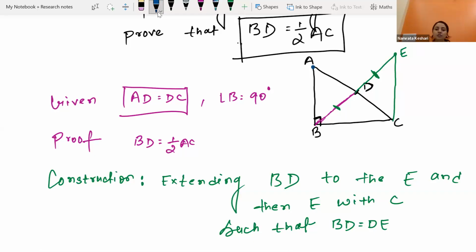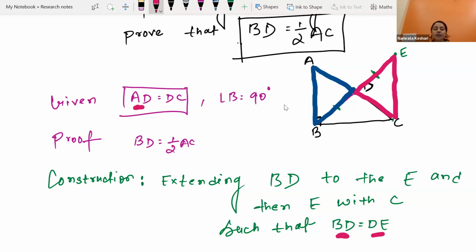Now let's focus on this triangle and this triangle. Is it possible to prove these two as congruent? What we know is that BD and DE are equal.